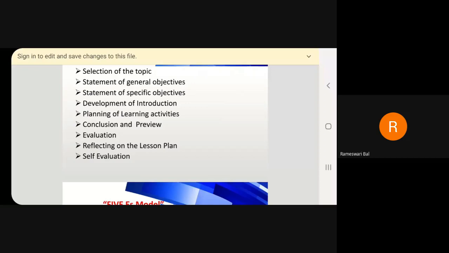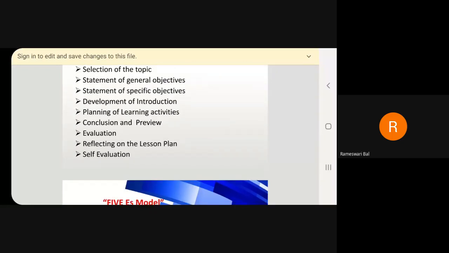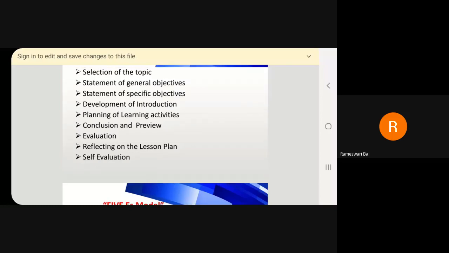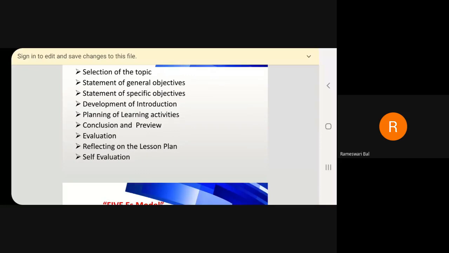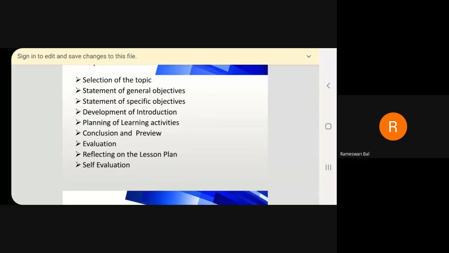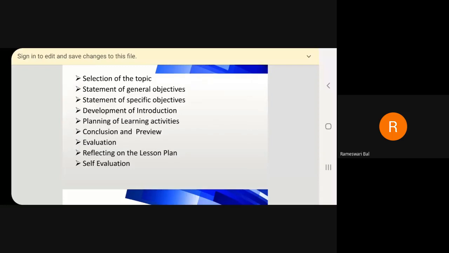The next and last part of our presentation of a lesson plan is the evaluation. And this evaluation is known as objective based evaluation. Why is it called objective based evaluation? Because on the basis of whatever objectives we have mentioned in the specific objectives, we have to do evaluation here.